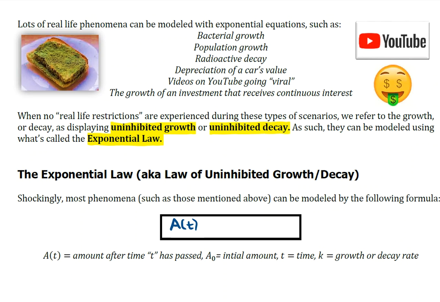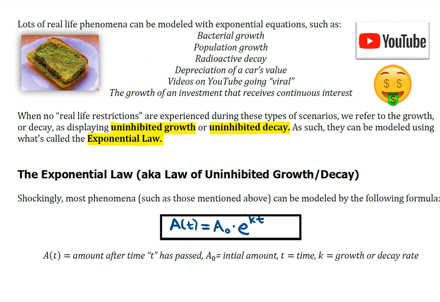So function notation standing for the amount after time t has passed is equal to A sub 0, not the Mortal Kombat character, by the way. It's going to be multiplied to e, and there's going to be a power on e having the expression k times t. And believe it or not, this is the function that can model examples such as those listed above and many, many more.